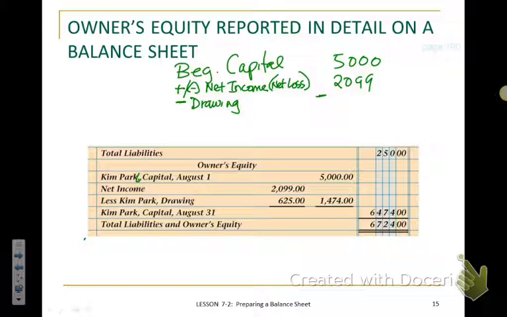We always subtract the drawing because the drawing is a subtraction from our owner's equity. Remember we said that at the beginning of the year? We said the owner's equity is reduced by the drawing. Okay? And then this gives us our ending capital.